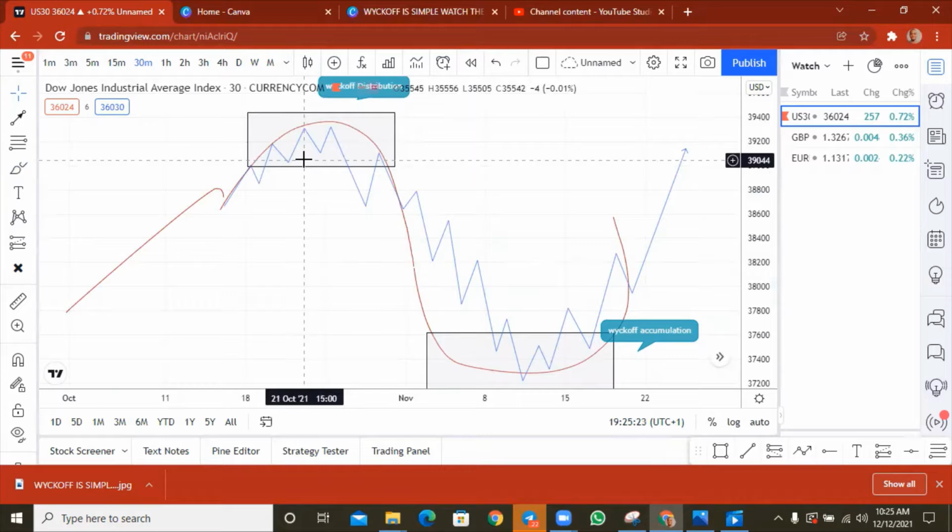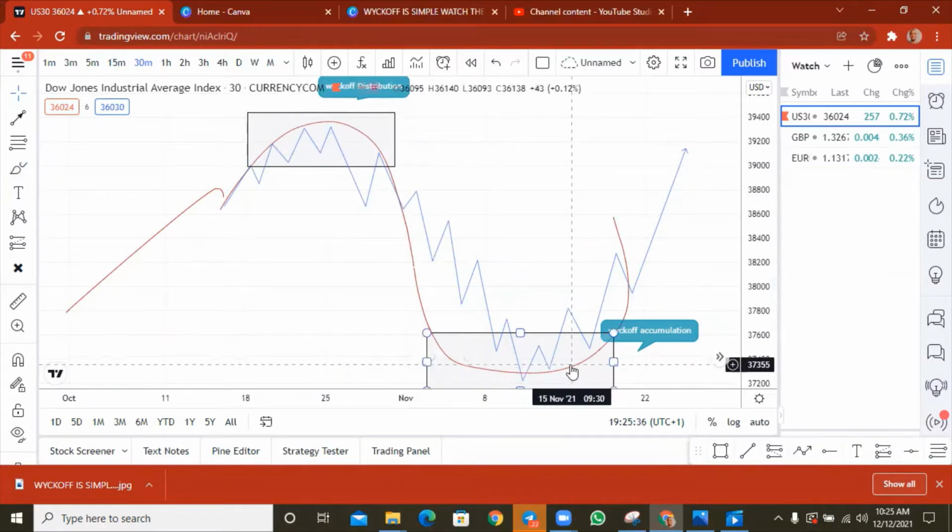A kind of consolidation starts cooking up, and here Richard Wyckoff came up with a particular schematic that occurs at areas like this.